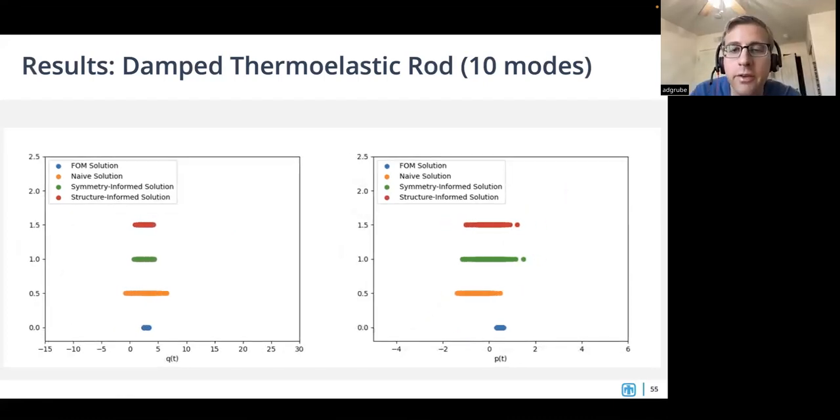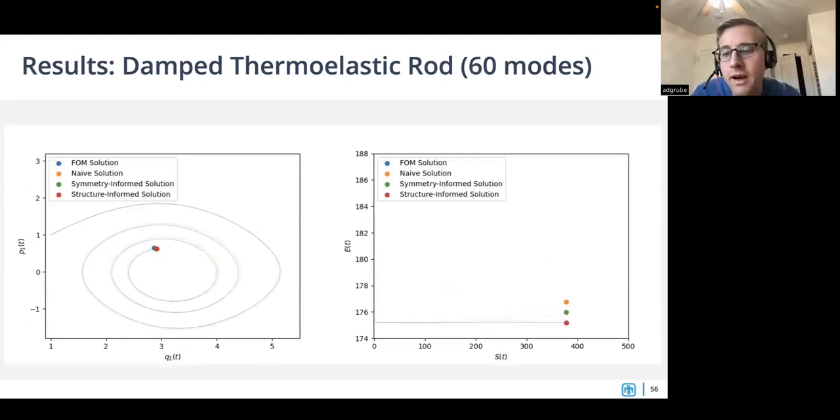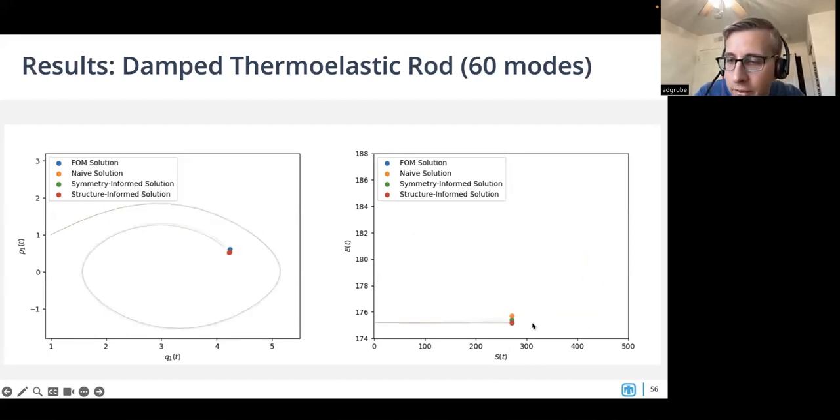Here is just a different view of what's going on. This is the position, and this is the momentum. Then I have a couple more pictures where you crank up the number of modes. If you crank up the number of modes, now you see all of these get fairly close to the true solution. But the symmetry informed and naive solutions, while they now have the entropy generation a little bit better, their energy is still way off.